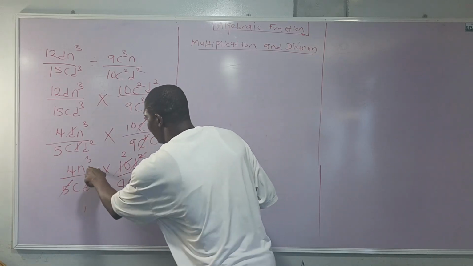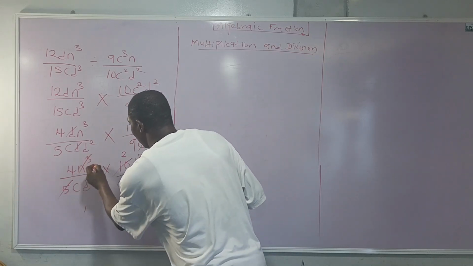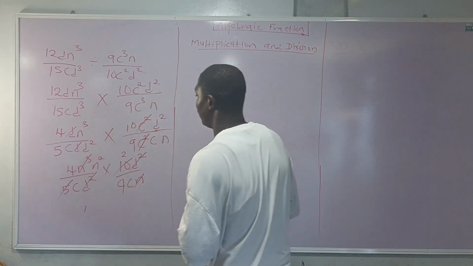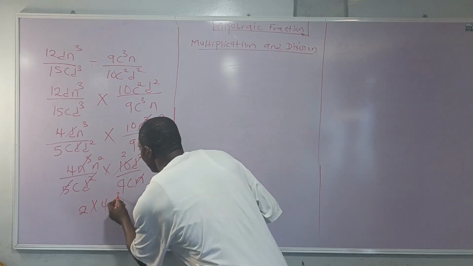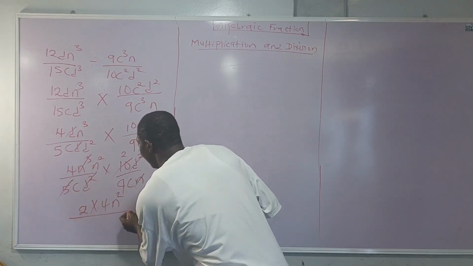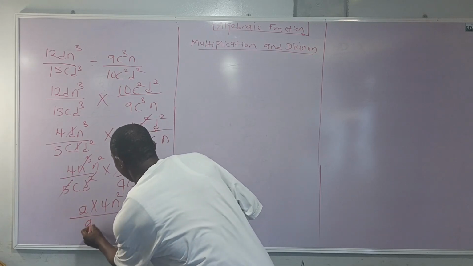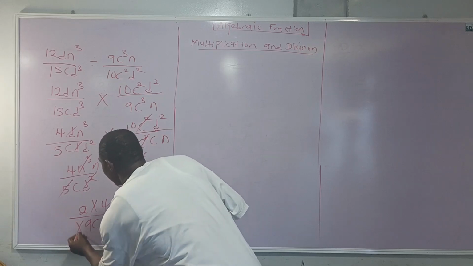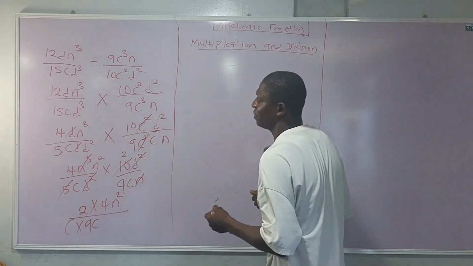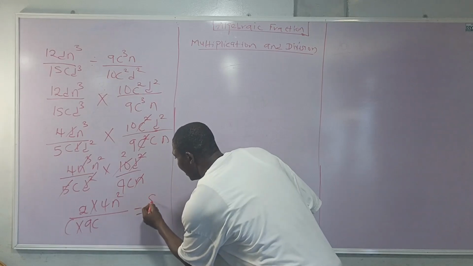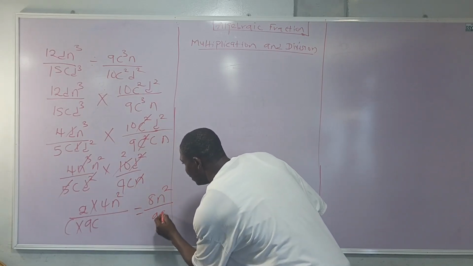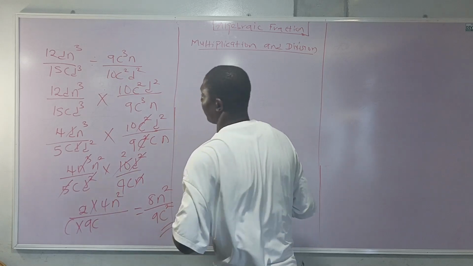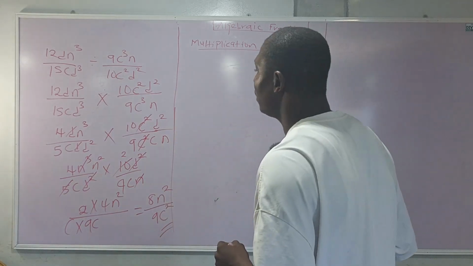And n can cancel n cubed to give me what? n squared. So I simply have 2 times 4n squared at the numerator divided by 9c, or I say c times 9c, which gives me 8n squared all over 9c squared. That's for that.